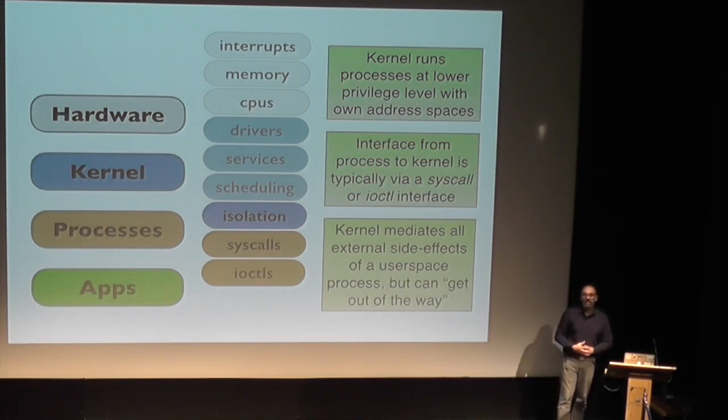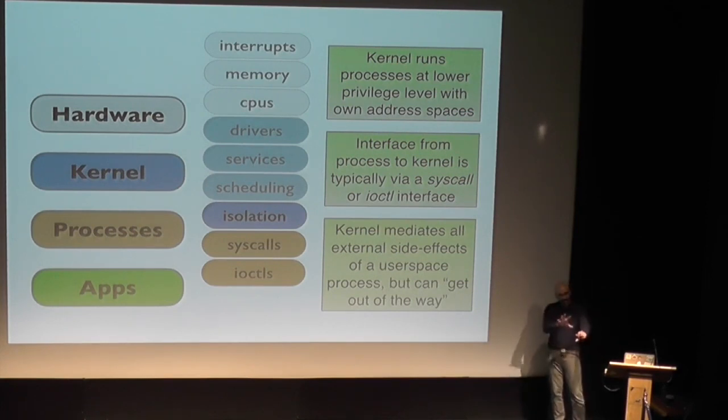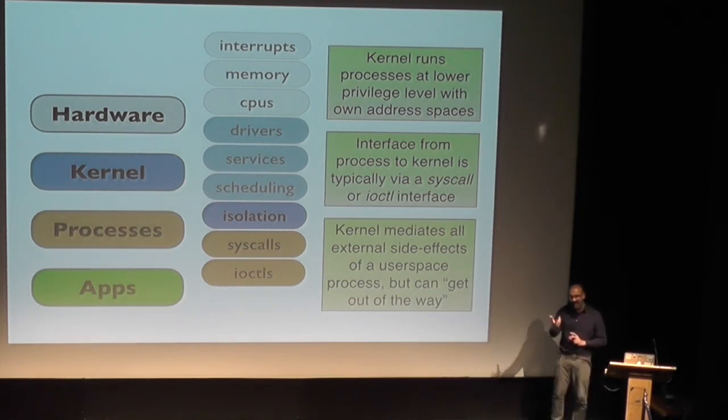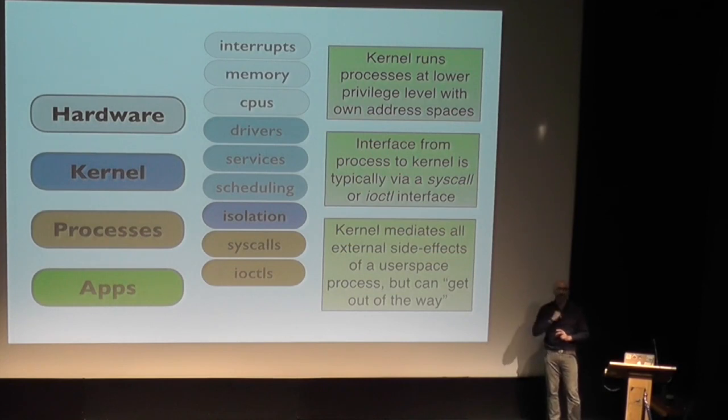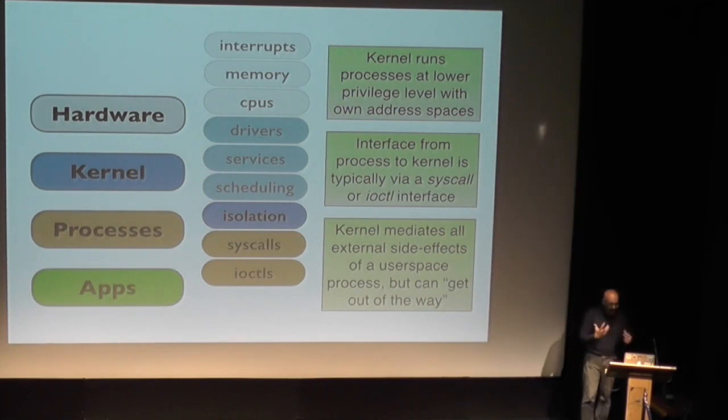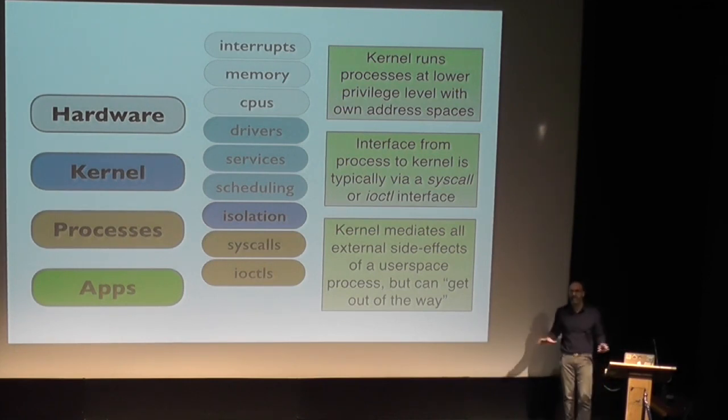It's got a very well-defined interface. That function call is responsible for the kernel receiving what you want. It then keeps you at arm's length. It doesn't trust anything you say because you're a process that is running at a lower privilege level. And it then figures out what you want. It might, for example, make a network connection, and then send the result back to you. So the only thing you can see from the outside world in this kernel interface are things happening through system calls or another interface known as ioctls. By and large, the kernel mediates all of the side effects in a process.